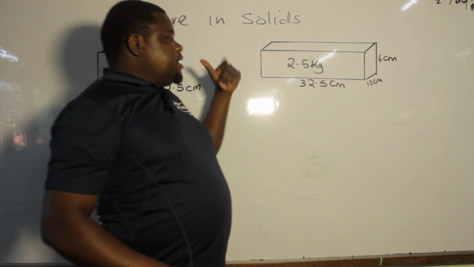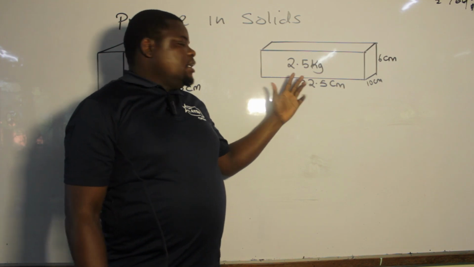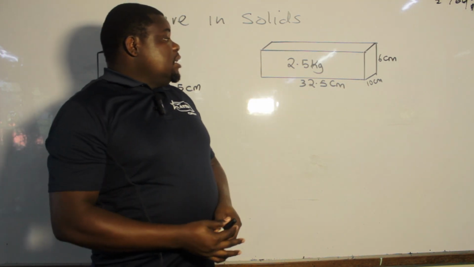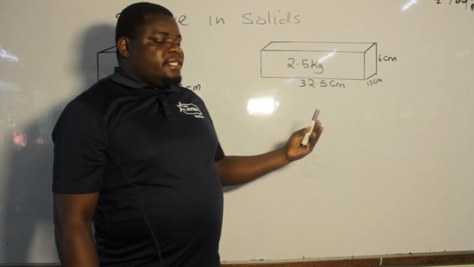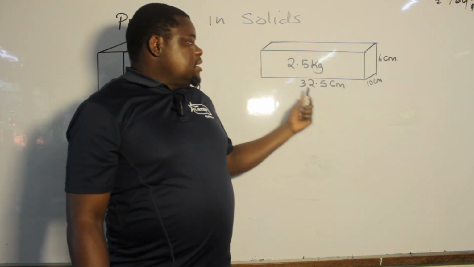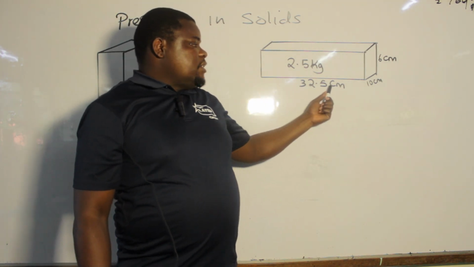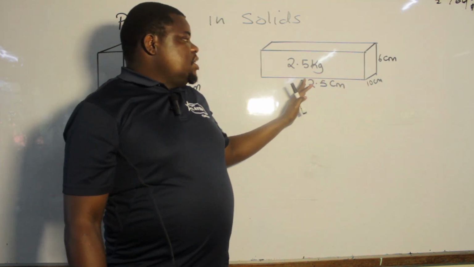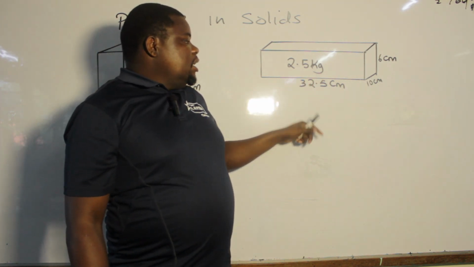So when we turn the object now to stand on the broader side of it, so that we maximize the area, we can see that it's standing on the 32.5 centimeters by 10 centimeters side. This is the largest side possible.